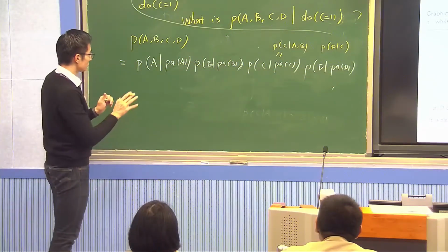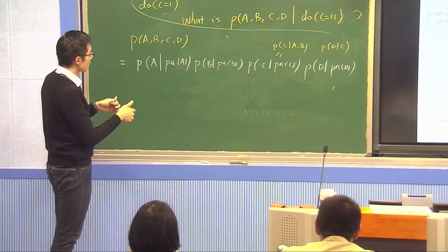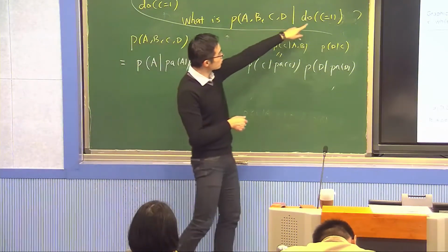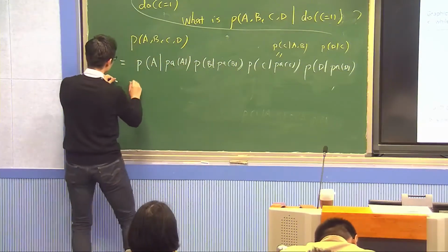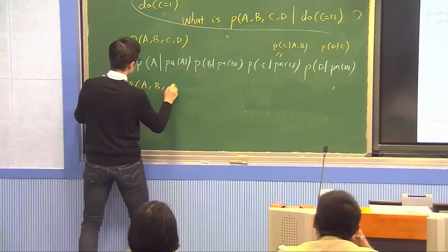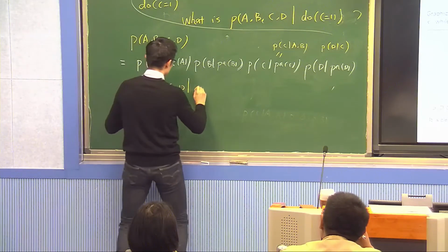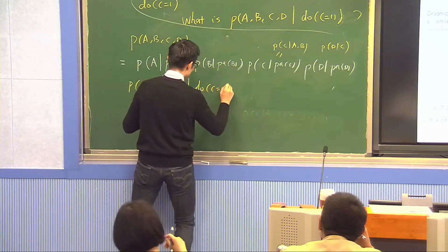Now, what is the result of do C equal to 1? What is P(A, B, C, D given do C equal to 1)?